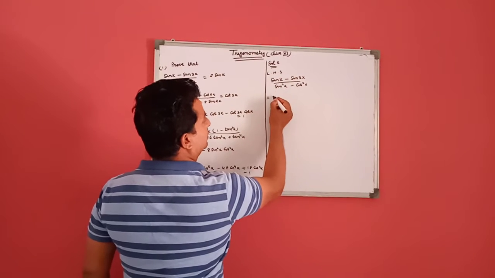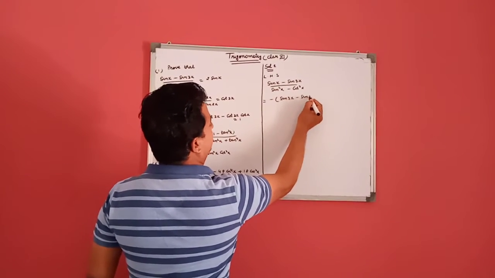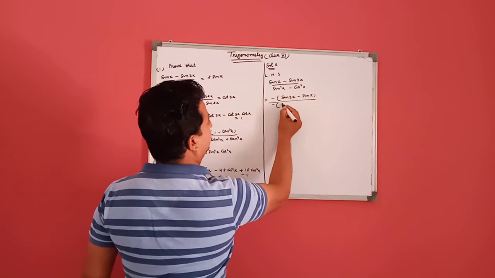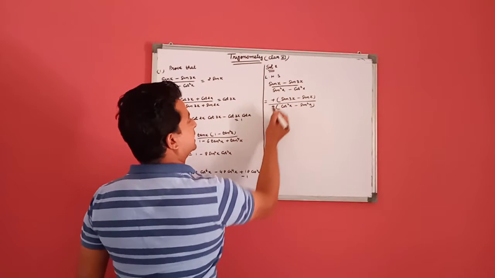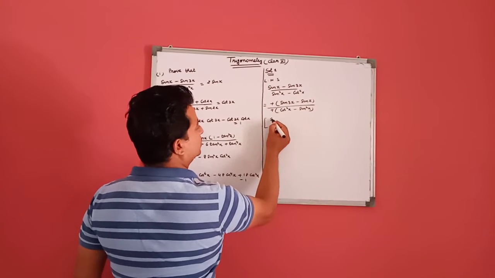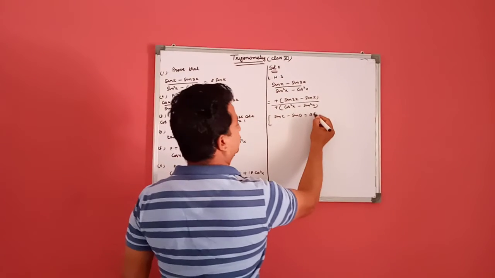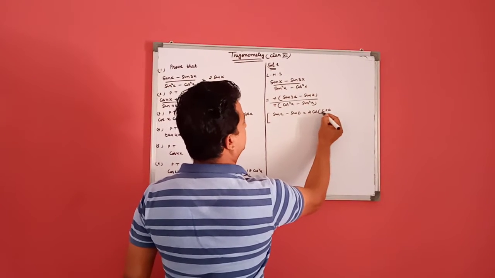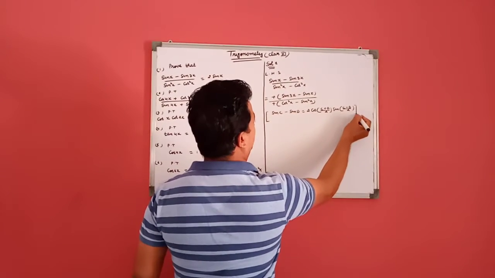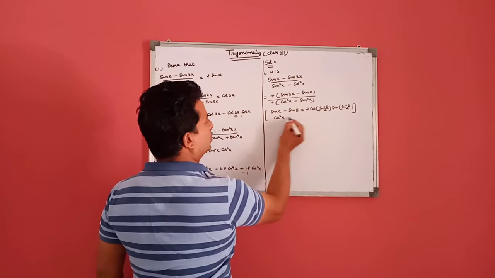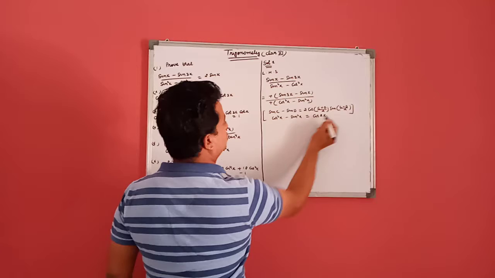When we take common from the numerator as well as the denominator, cos square x minus sin square x cancels out, and we know sin C minus sin D is equal to 2 cos (C plus D)/2 into sin (C minus D)/2, and also we know cos square x minus sin square x equals cos 2x.